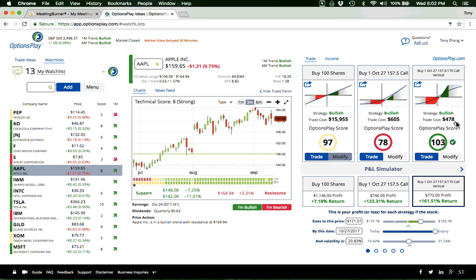So it gives you an idea as far as what the true risk reward of a strategy is, and it puts the three side by side so you can make a comparison apples to apples, even if they're completely different strategies. They're color coded for you so you don't have to memorize what's good, what's bad. You just have to know green is a good risk reward, red is bad, yellow is somewhere in between.